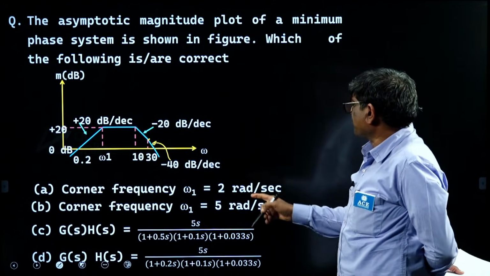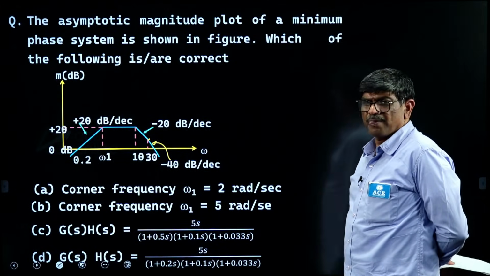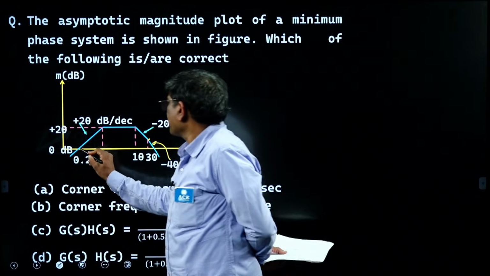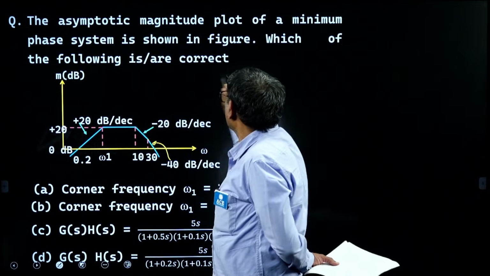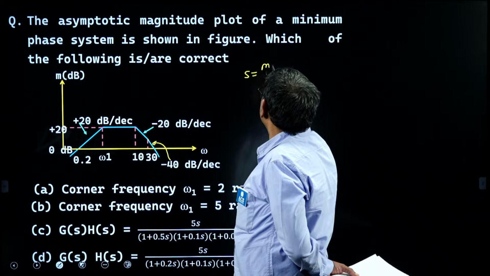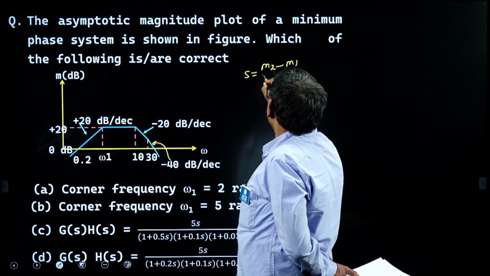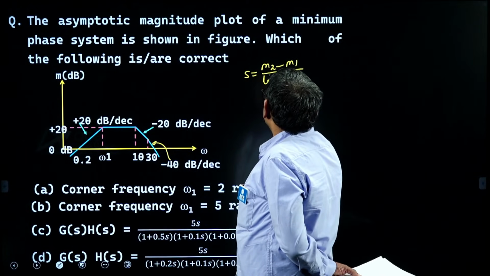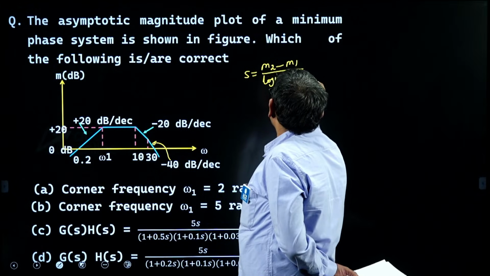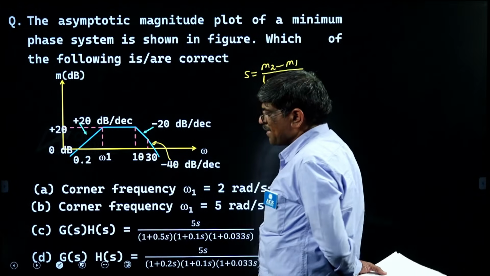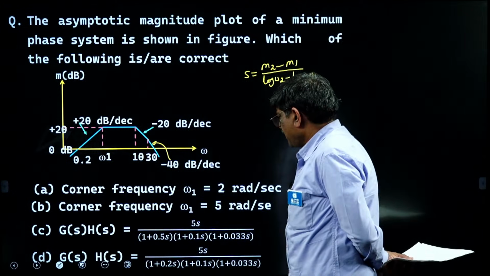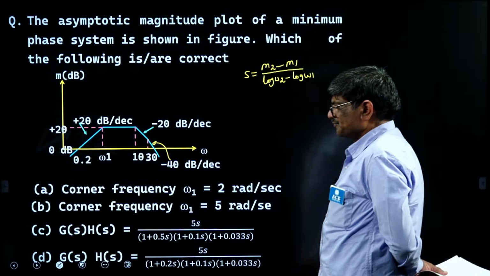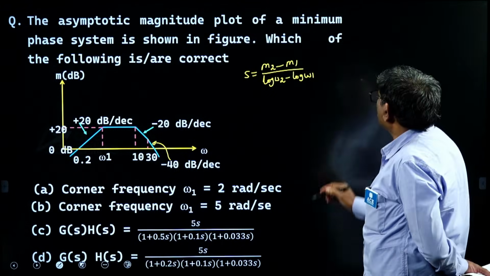So first you have to get omega 1 value. Use the slope formula. Here 0 dB is given. What is the slope formula? S equals (m2 minus m1) divided by (log of omega 2 minus log of omega 1). Come on, tell anybody answer. B and D. So what is the slope?